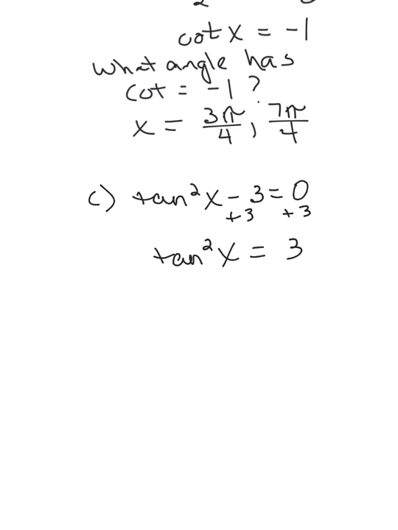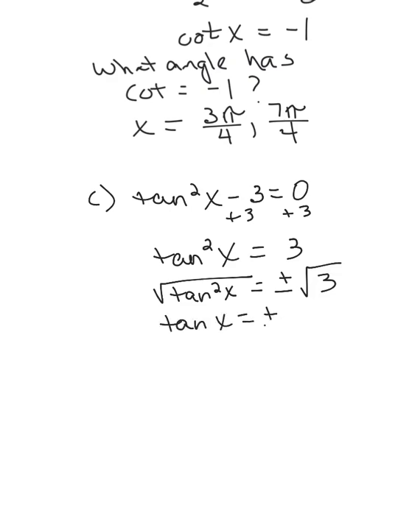Well, in order to get rid of the squared so that we just have tangent of x, we're going to take the square root of both sides. Don't forget to put plus or minus in front of your square root of 3. So when we simplify that, we now have the tangent of x equals plus or minus the square root of 3.